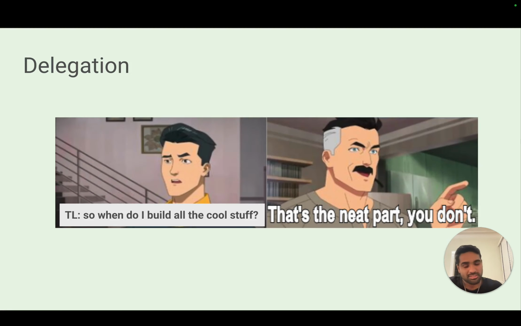On this note, let's talk about delegation. Everybody wants to build cool stuff, right? But that's the neat part for TLs. You don't. And most TLs make this mistake of not trusting their team enough. So delegation is an exercise in trust. It begins with taking a risk.